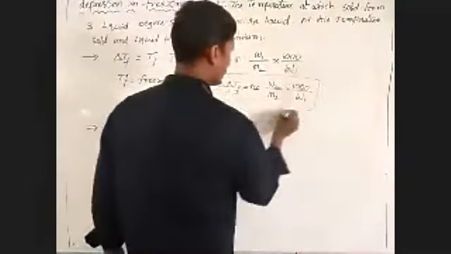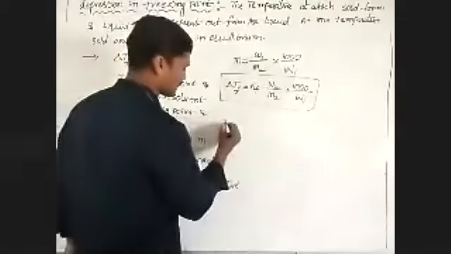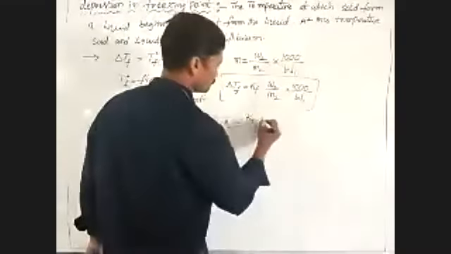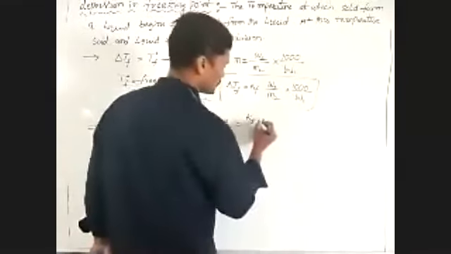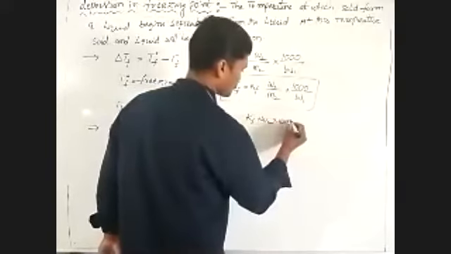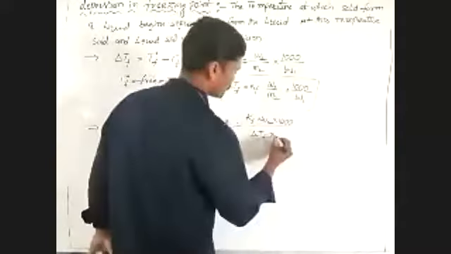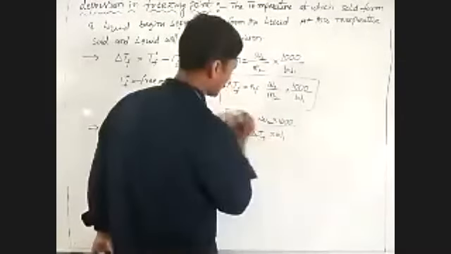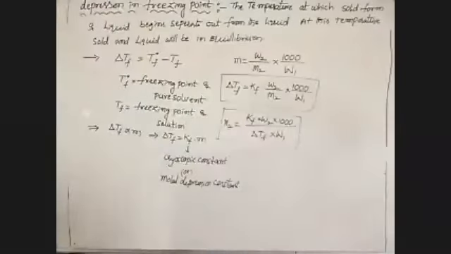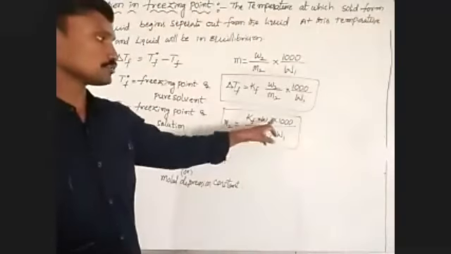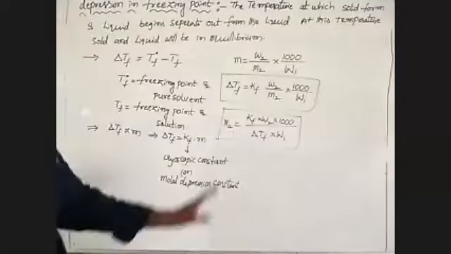From this equation, we can calculate molar mass, that means molecular weight of solute. Molar mass of solute is equal to Kf into W2 into 1000 by delta Tf into W1.